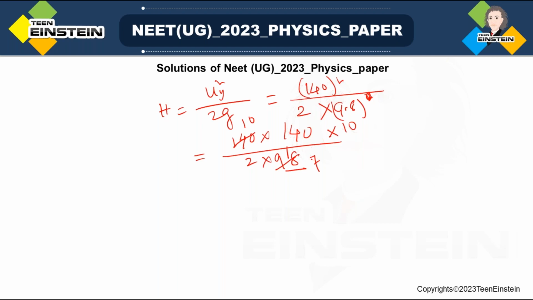If we further go, this will be 20, and this will be again 10. So this 10, 10, 10. So this will be actually 1000 meter. The height will be 1000 meter.